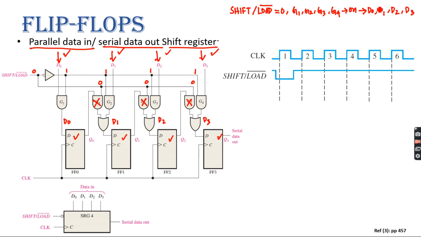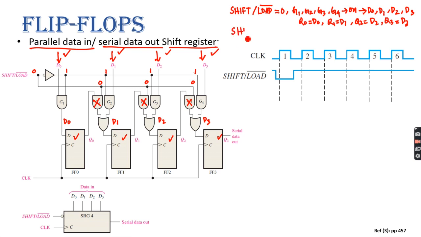And as it gets the first positive edge pulse, Q0 will follow D0, Q1 will follow D1, Q2 will follow D2, and Q3 will follow D3, right?